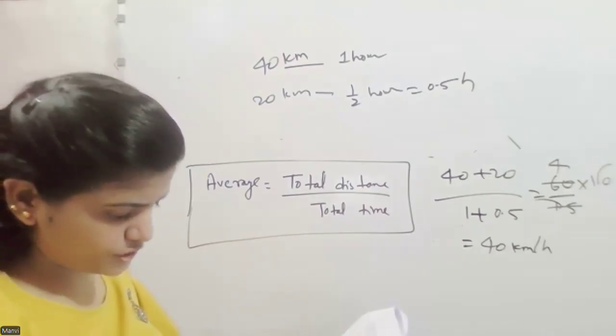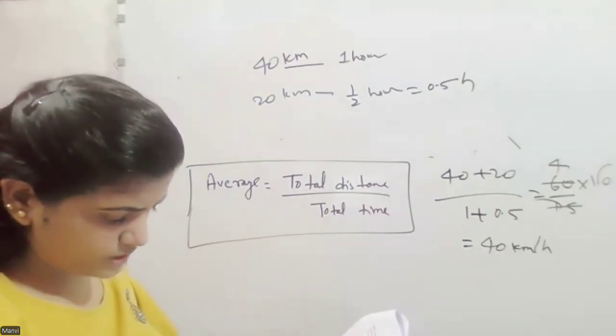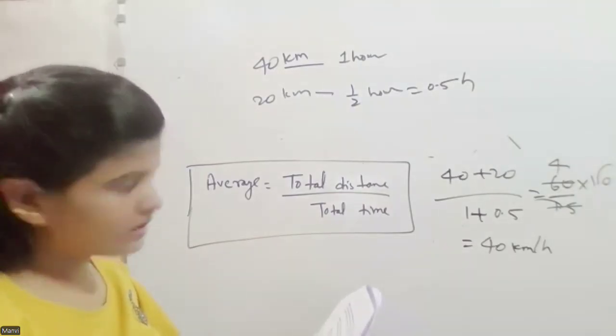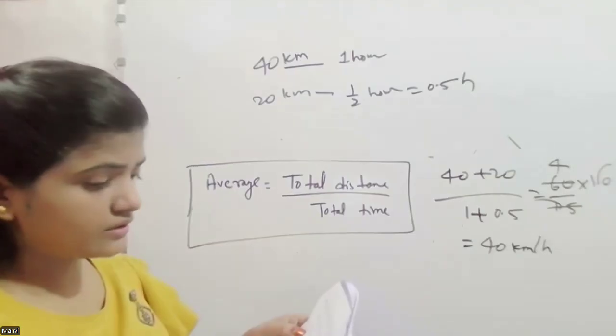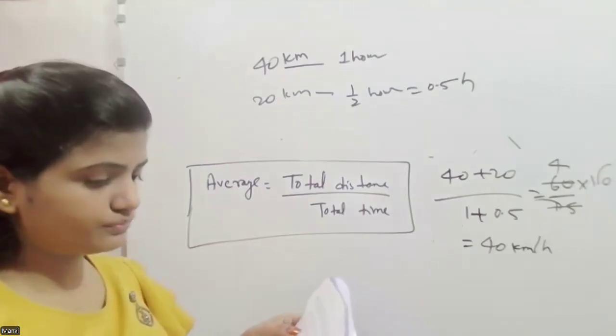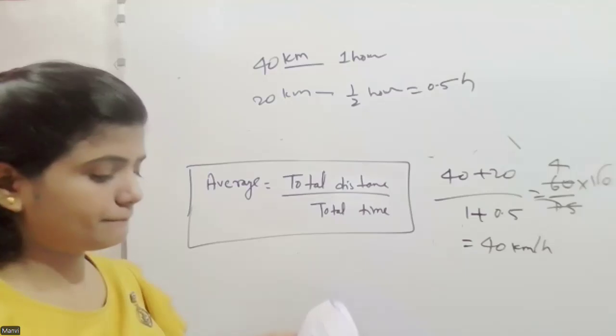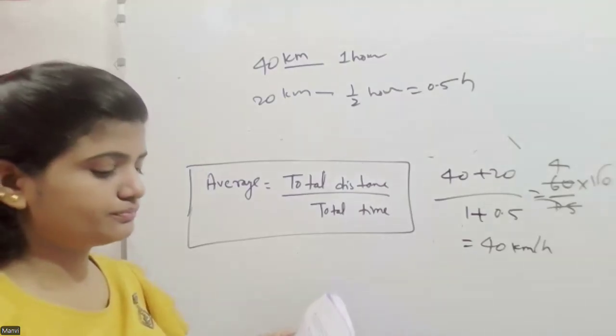I want to give you a question like this on total distance and average speed. Question number 34. Please try question number 34.